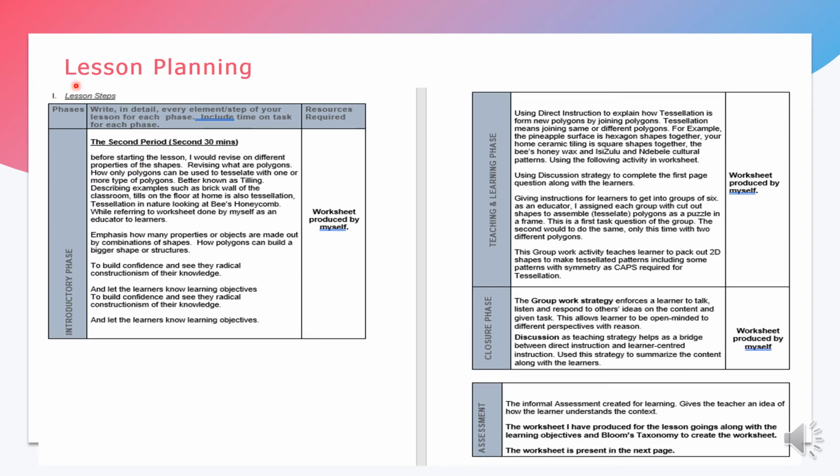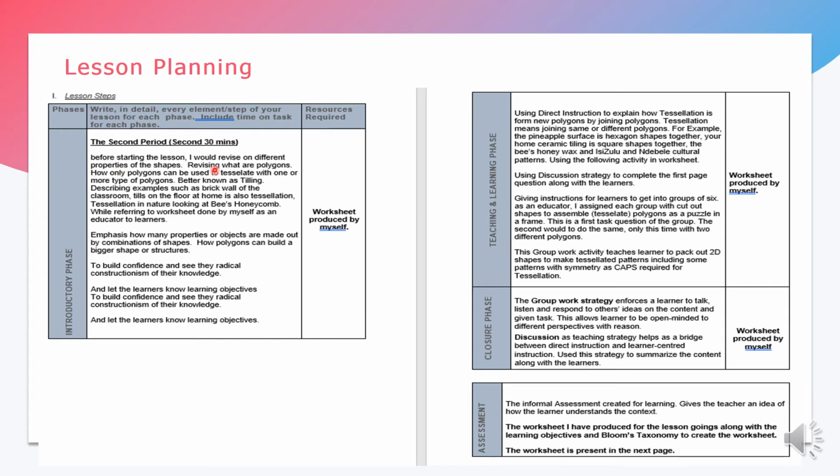Tessellation. This is a lesson plan for tessellation. The introduction, we said that you don't have to spend much time, but you're really testing prior knowledge. Like, first thing you do as a teacher, prior knowledge, even revising what they knew from previous lessons, that is still testing prior knowledge.